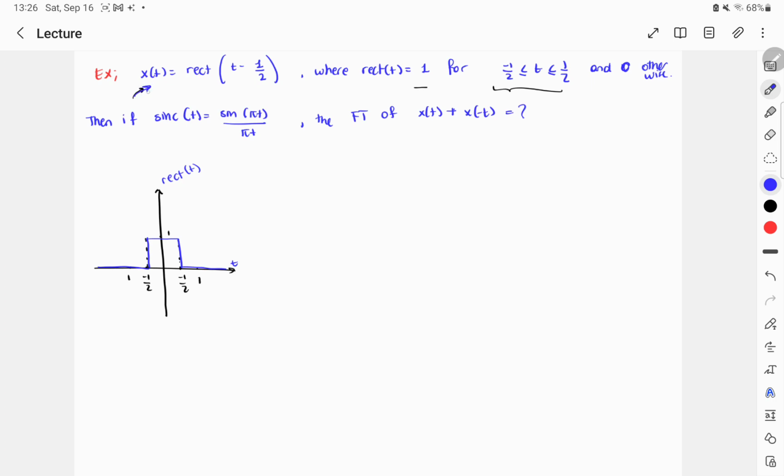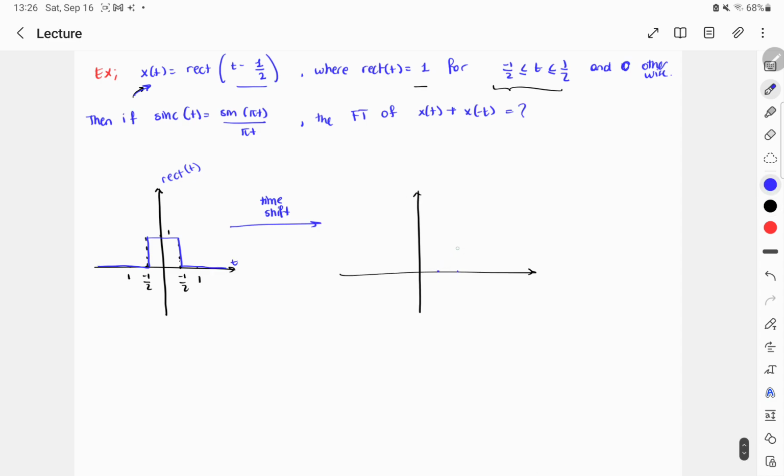Here, the signal is shifted by 1 over 2, so we have a time shift here. And eventually we have our signal like this.